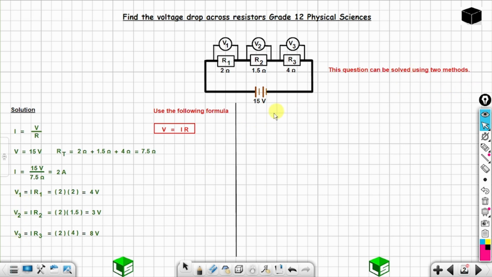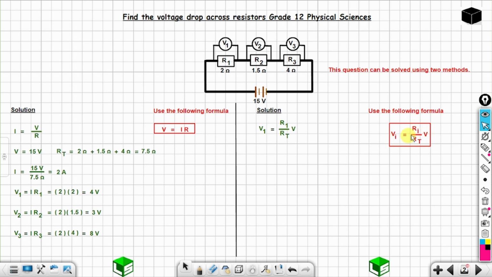Now, another method. You are going to use this formula. You replace I when you are calculating V1. You are going to have V1 is equal to R1 over total resistance times V, which is the total voltage. When you are calculating V1, you are going to have R1.